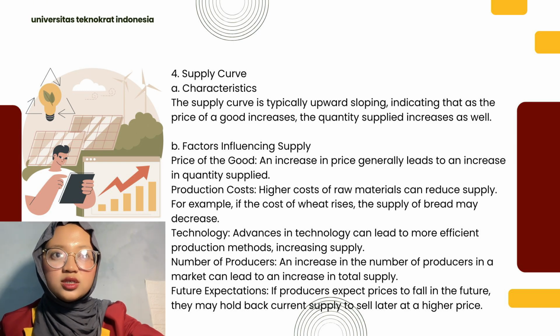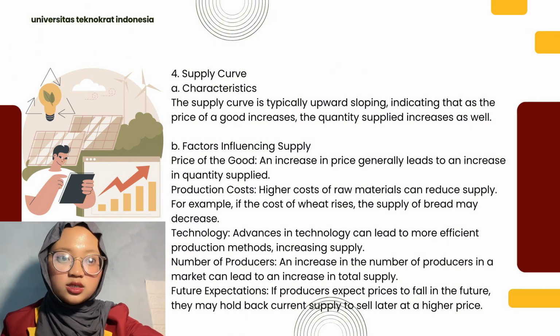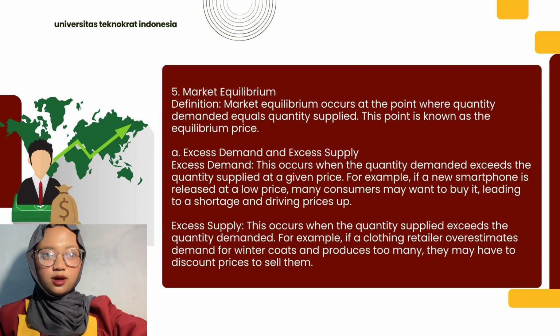An increase in the number of producers in a market can lead to an increase in total supply. Future expectation. If producers expect prices to fall in the future, they might hold back current supply to sell later at a higher price.